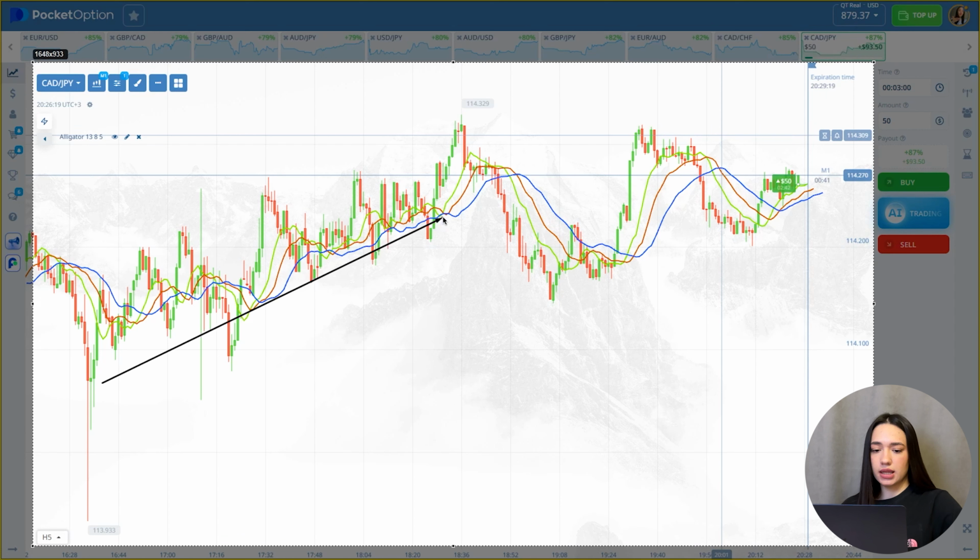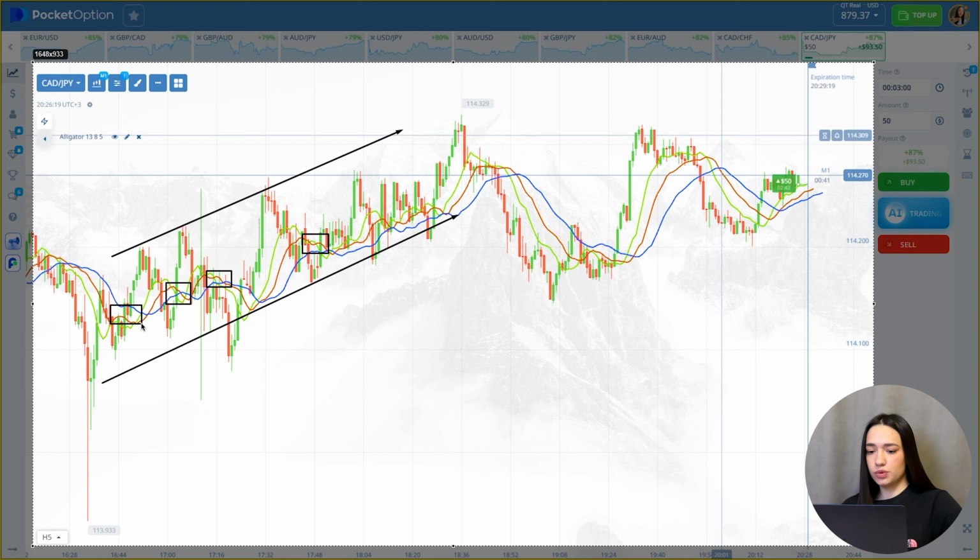If we look a bit to the left, we can see that the price was also moving upward before, but there were many crossings of the alligator moving averages, which indicates a lot of price noise and false signals. In the current price action, the situation changes, so the moving averages don't cross as often. There's the first crossing, the second, the third, and the fourth one, which happened quite recently.